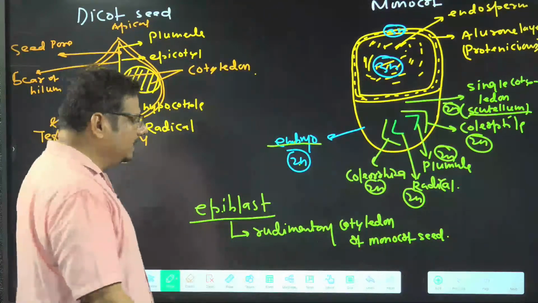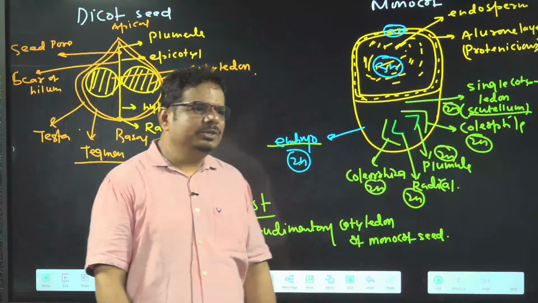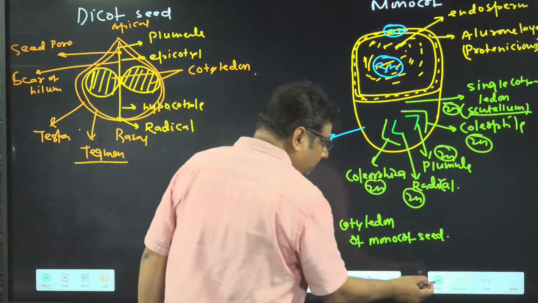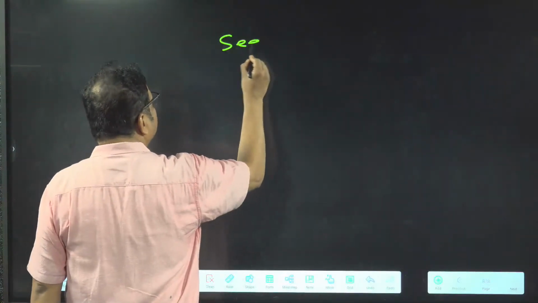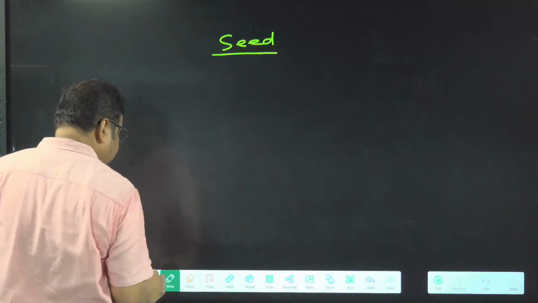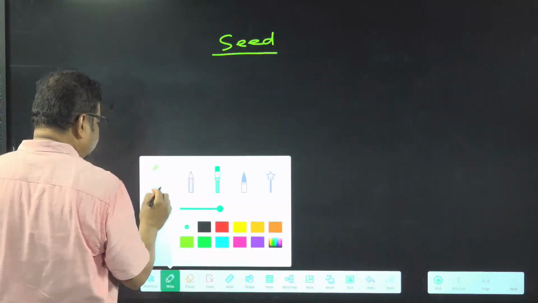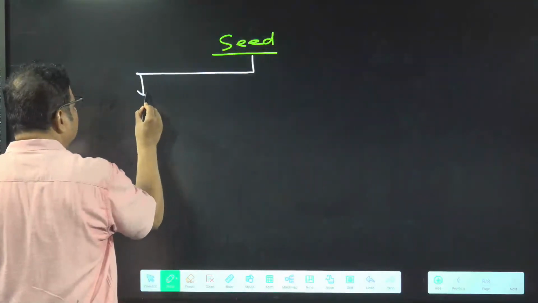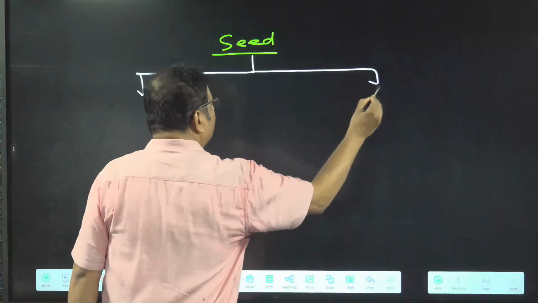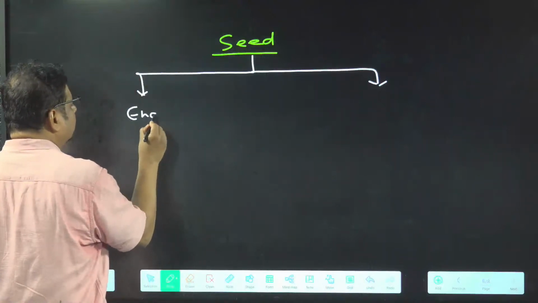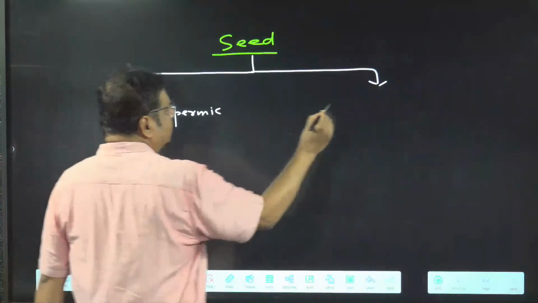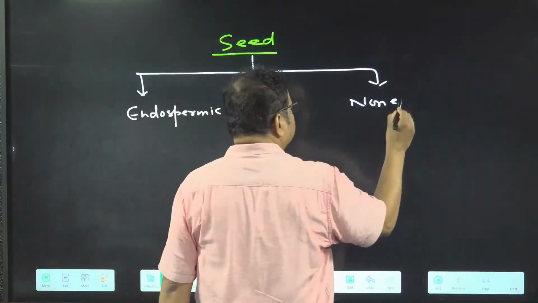Now I am going to tell you further classification of seed based on storage of food. Have a look. So further classification of seed we are going to deal with, based on what criteria? Stored food. So we classify seed into two categories. One is endospermic, another is non-endospermic.